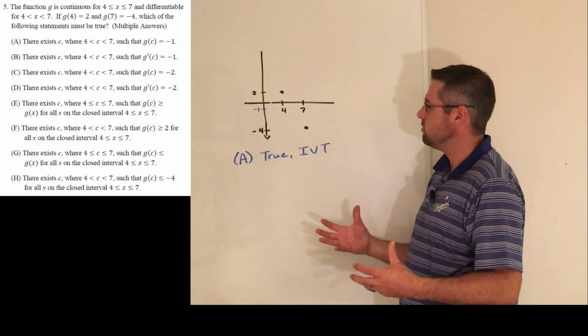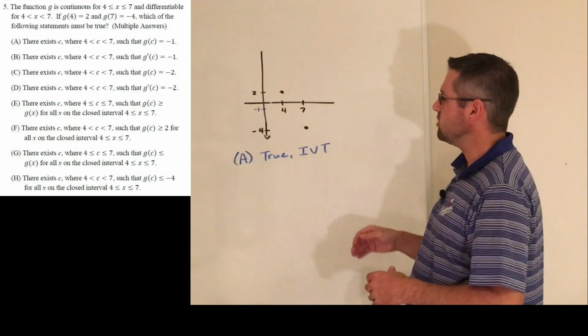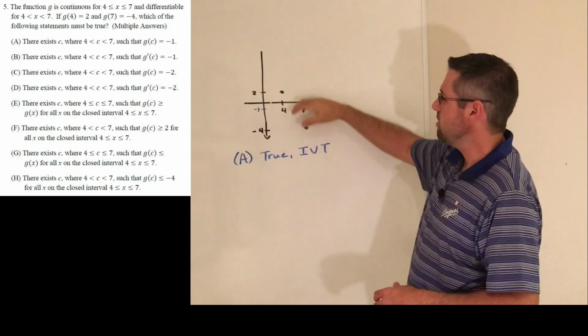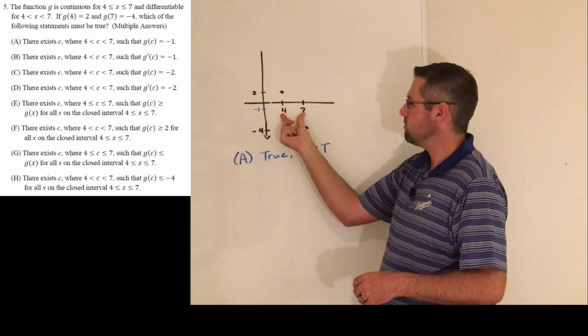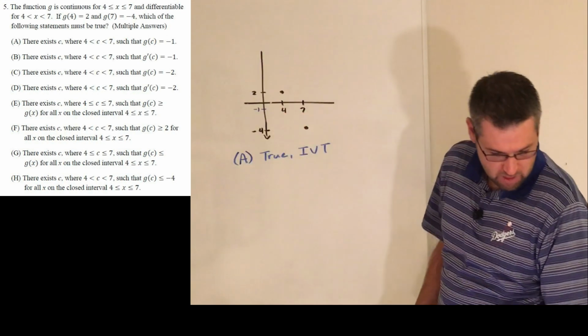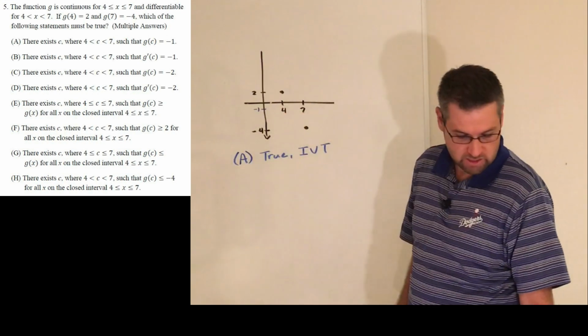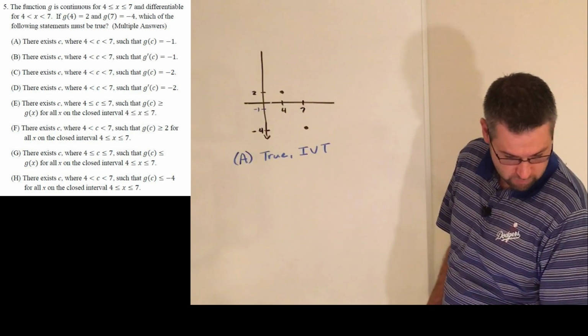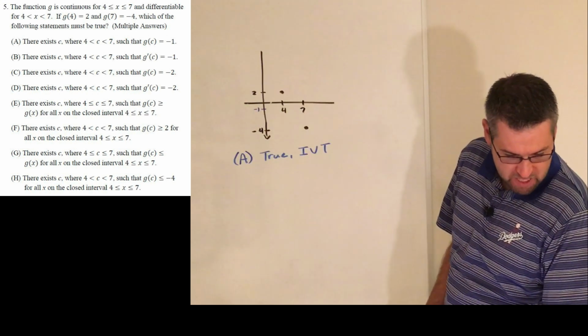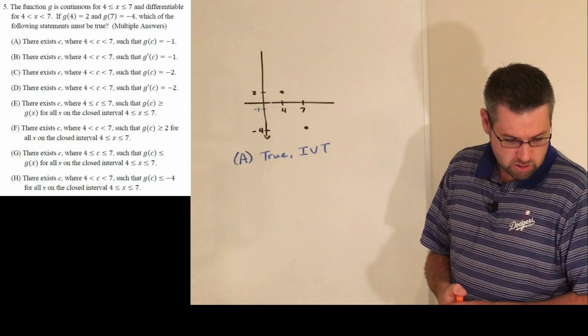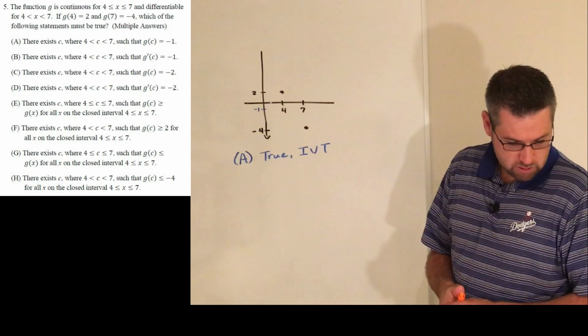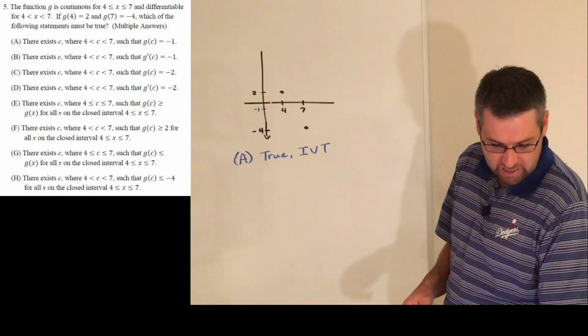But it's true by the intermediate value theorem. Since the function is continuous over a closed interval, the function must pass through all the y values between negative 4 and 2 for x values within 4 to 7. So it will hit negative 1 somewhere in that interval. So A is true. B, it says there exists a c value again, such that g prime is negative 1.